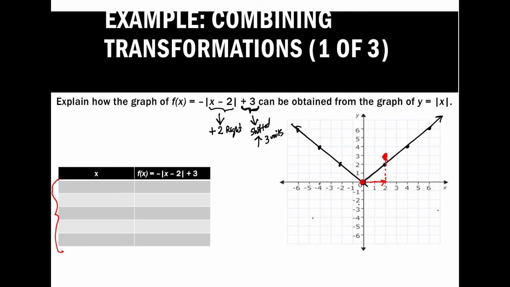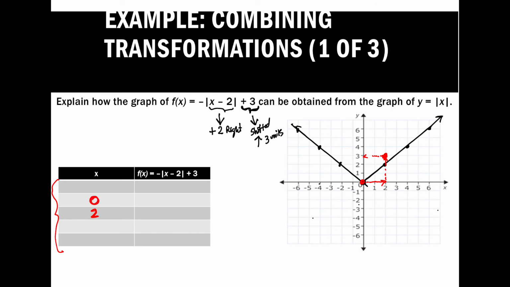So that gives me 2 as a point I'm going to just put in the middle. Because what I'm going to do from now is plug in a couple points to the left of it, a couple points to the right of it. So if I go a couple points to the left, that would give me 0 as an input. So I'm going to use 0 here.